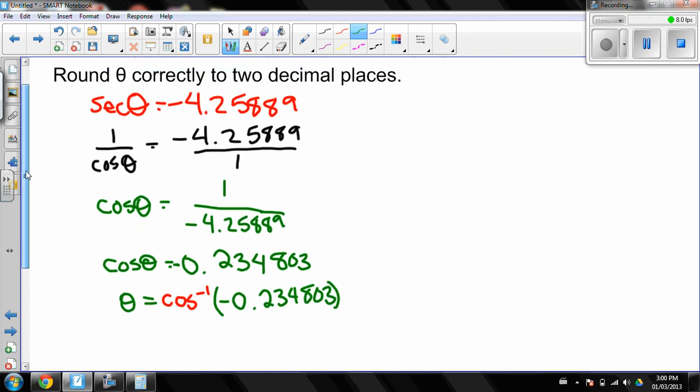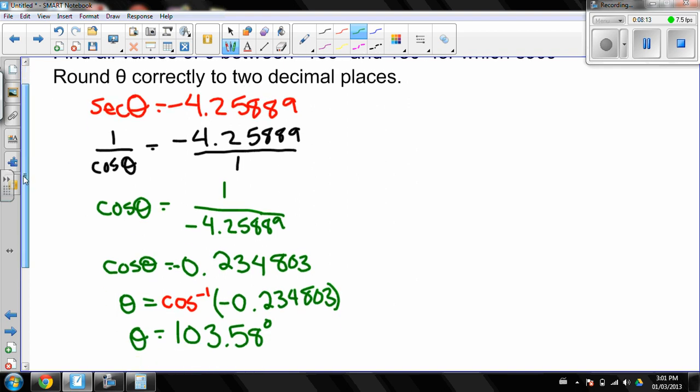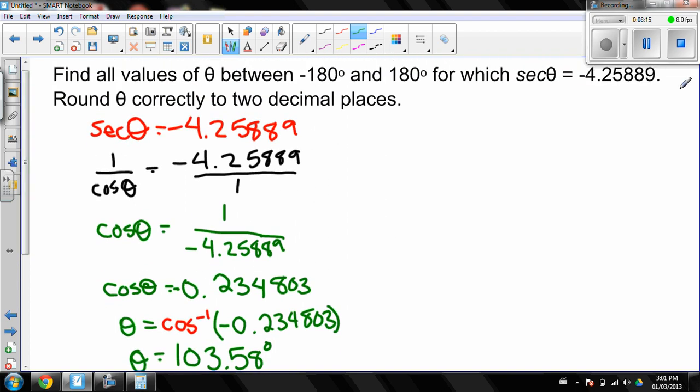And when I plug that into my calculator, I get an angle of 103.58 degrees.